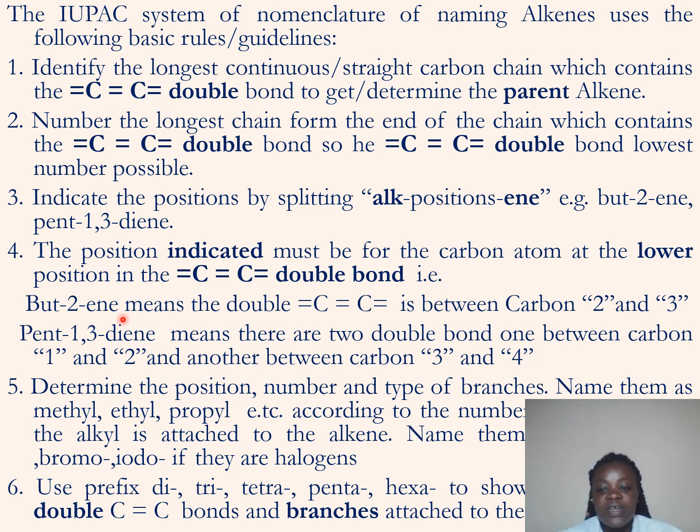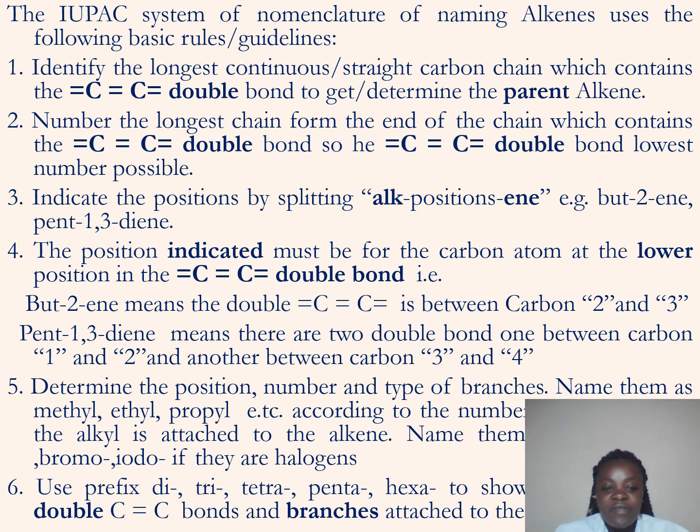If it is between 3 and 4. If it is between 1 and 2, that one will be pent-1-ene. So the double bond must be at the lower position of the carbon-carbon double bond. That is rule number 4, or the principle number 4.